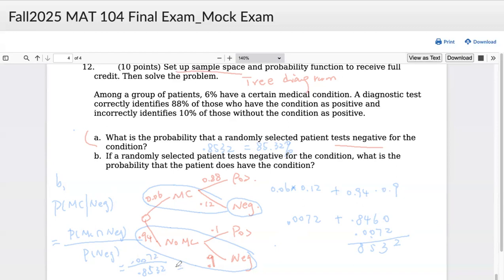I can use my calculator. 0.0072 divided by 0.8532. I got 0.84%. Oh, 0.8% actually. 0.0084 is about 0.84%.